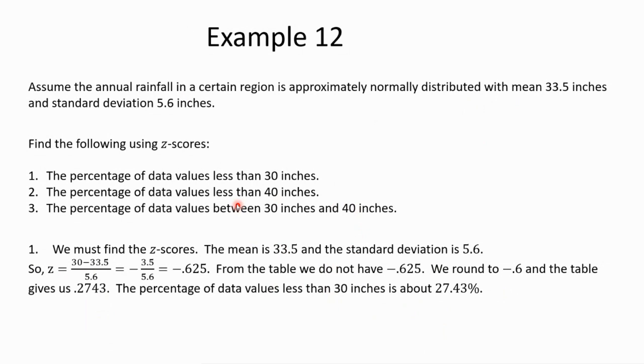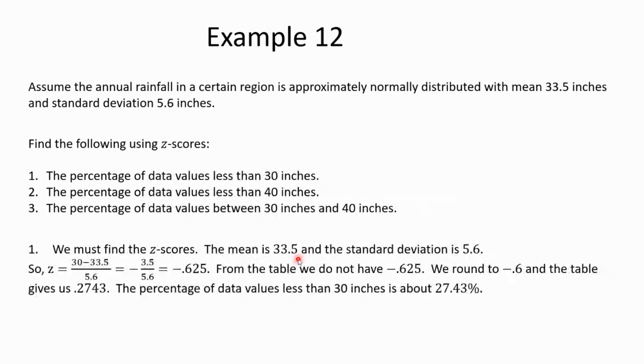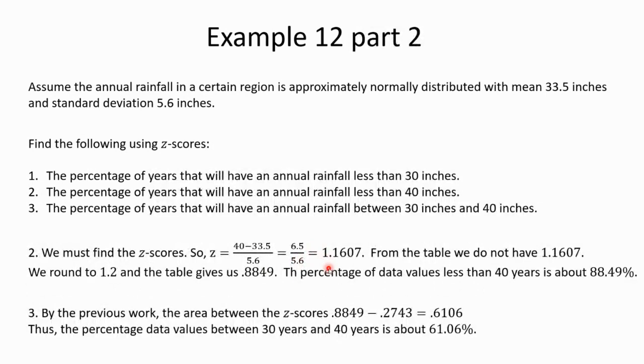For less than 40 inches, it's really the same idea. The only difference is that instead of 30, we use 40, so we have to get the z-score for 40. We have 40 minus 33.5 over 5.6. Again, we subtract the mean and divide by the standard deviation, and we get 6.5 over 5.6, which is 1.1607.